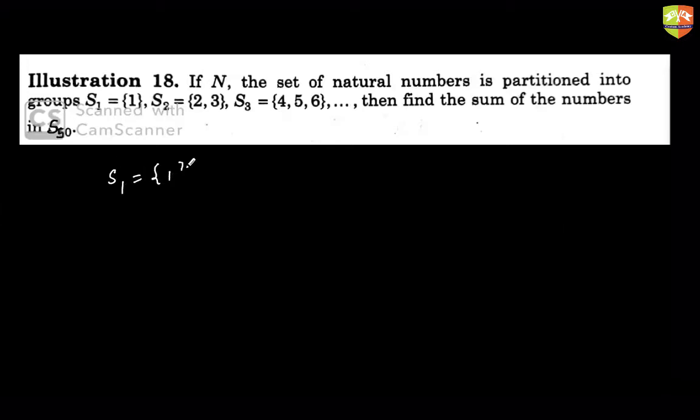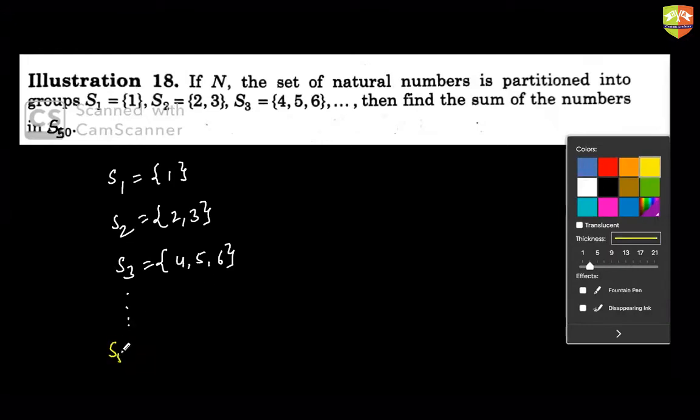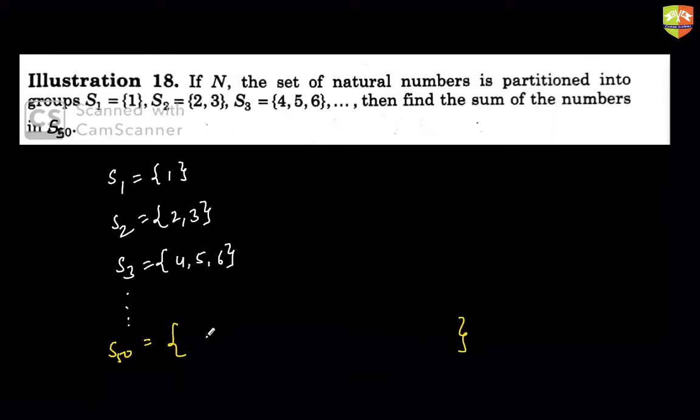S1 only has 1, S2 has 2, 3, S3 has 4, 5, 6. So if you go on all the way till S50, then what is the sum of the elements coming in S50? That's what the question is.